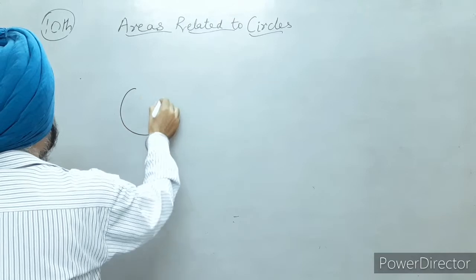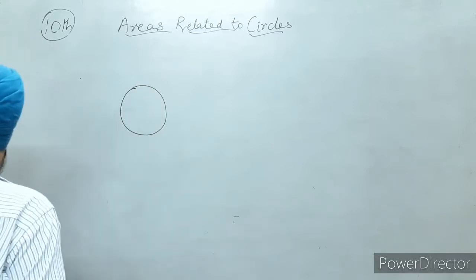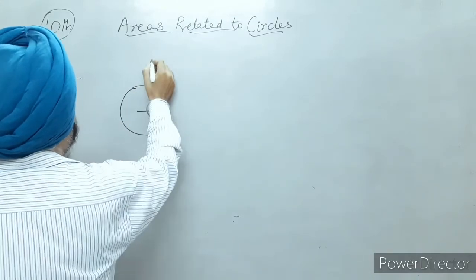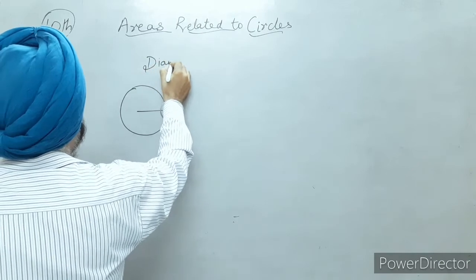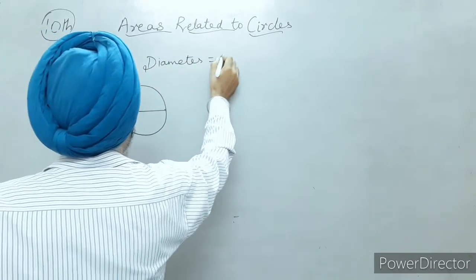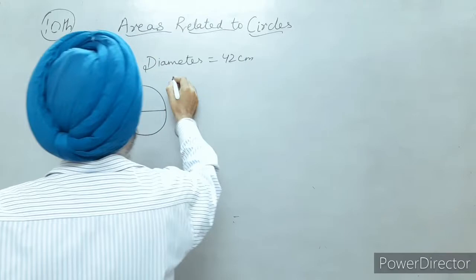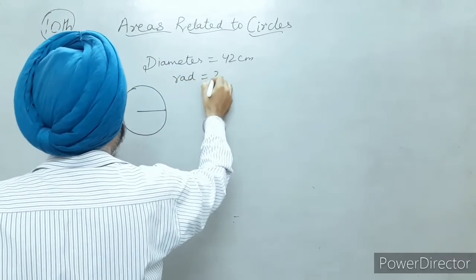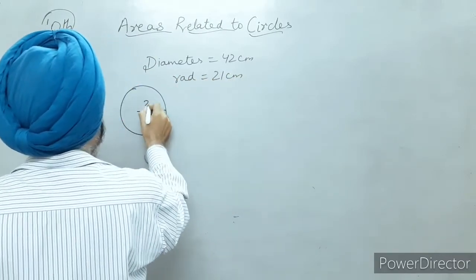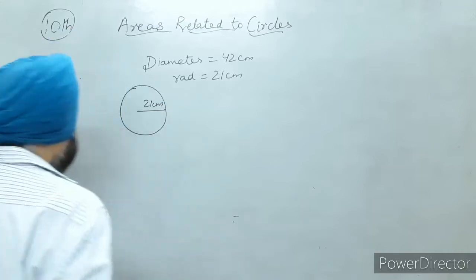Let me draw the figure. The diameter of this is 42. Diameter given is 42 meters. That means the radius is 21 meters.